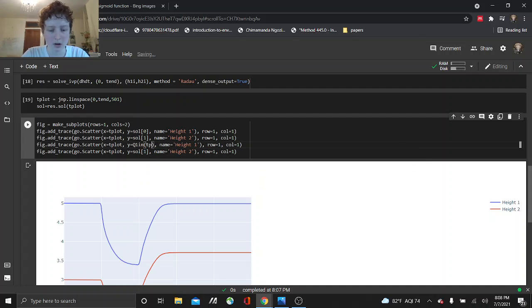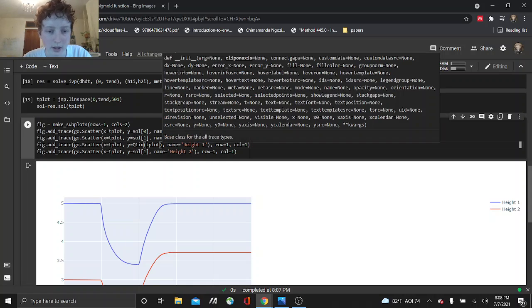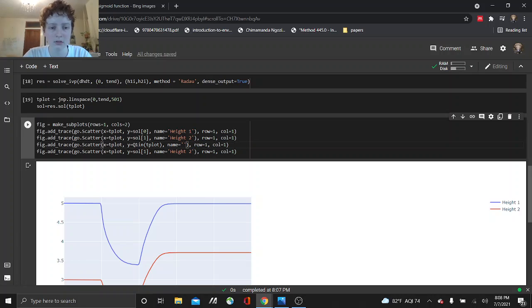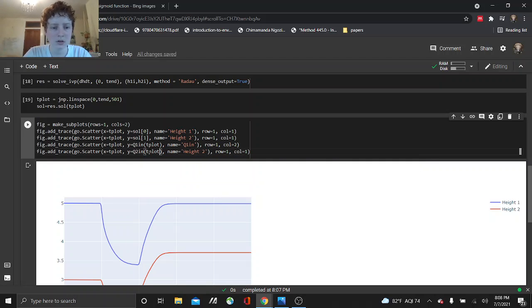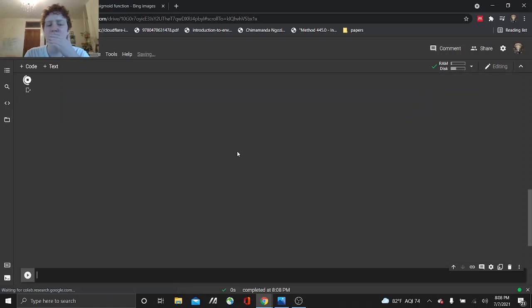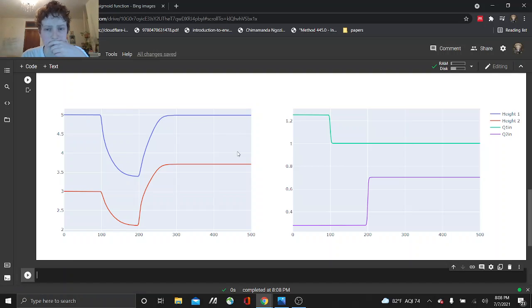I could be wrong, but I want to graph this, and if the flow rates look weird, then I'll look back and see if it is weird. And this is going to go into column 2. This is Q2, and this is Q2N, and this is going to go into column 2. Okay.